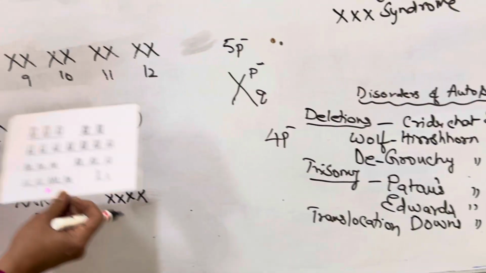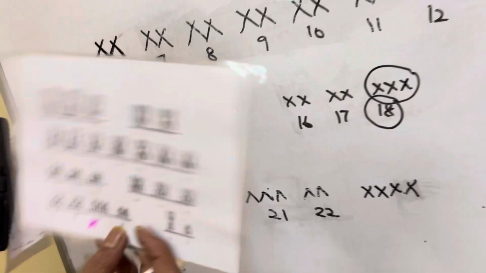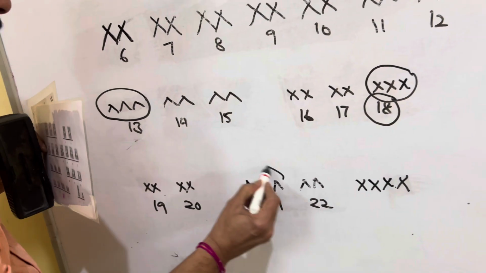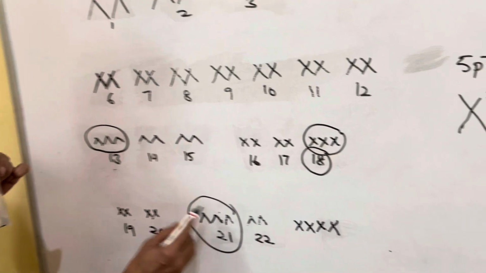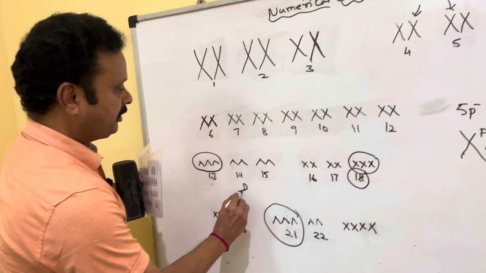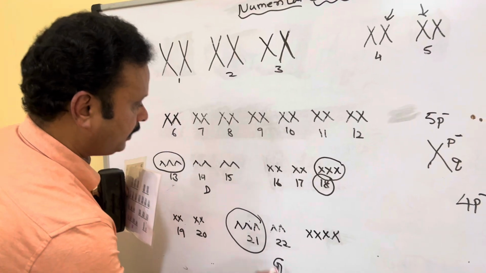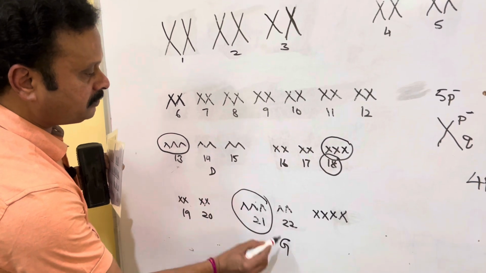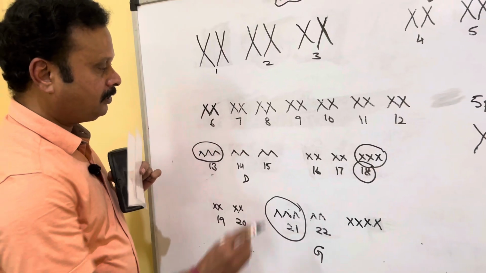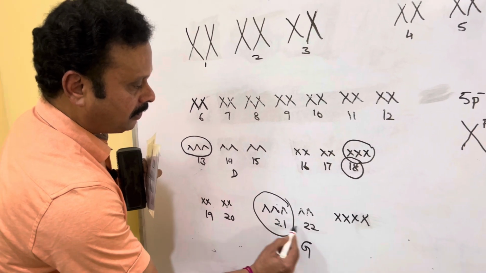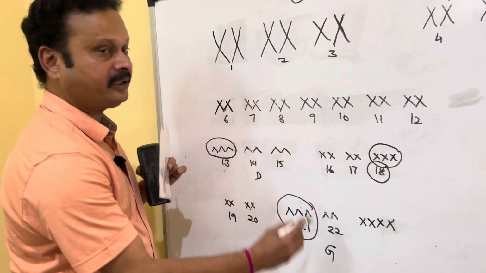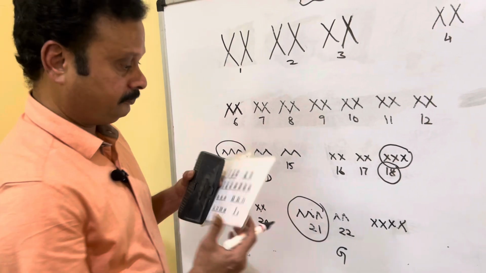The usual cause of Down syndrome is trisomy 21 in 95 to 97% of cases, but sometimes it can be a translocation between D group and G group pairs of chromosomes, or translocation between the short arm and long arm of chromosomes belonging to 21 and 22. This is also a variant of Down syndrome.